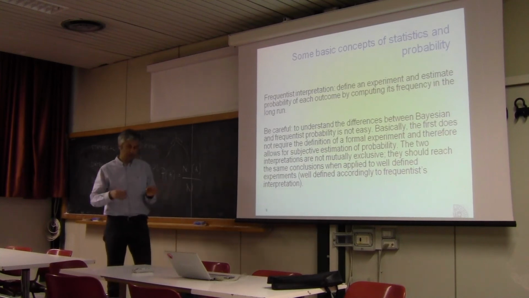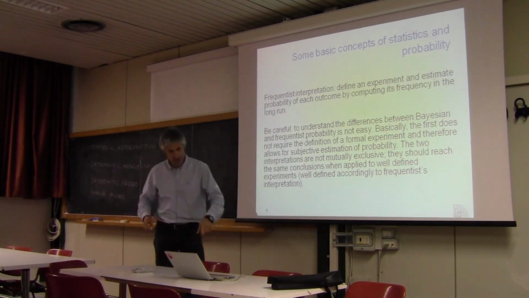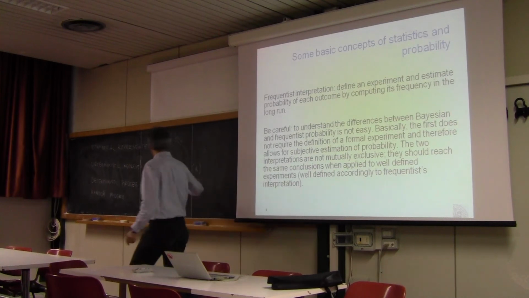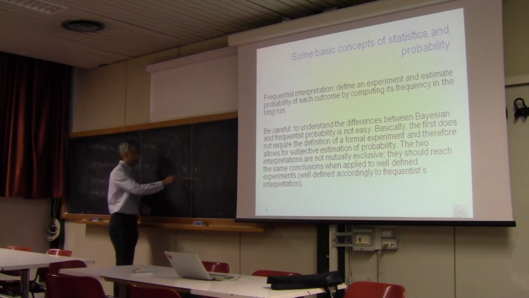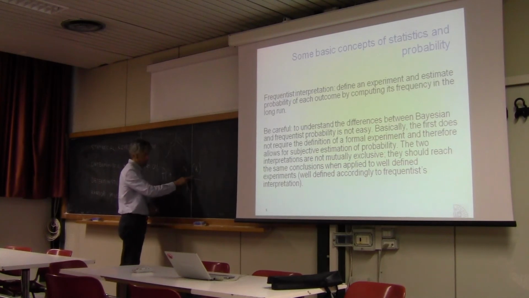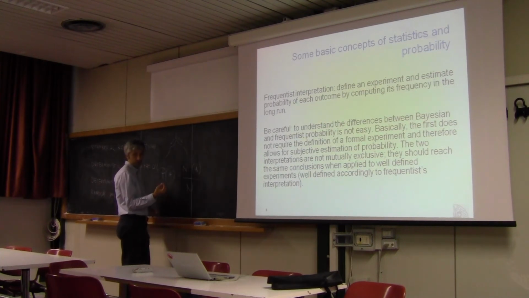Because if you apply this definition of probability, the frequentist one, and you count the number of outcomes for a real variable against the total, you get a value that is very close to 0, because a real variable occurs just once.